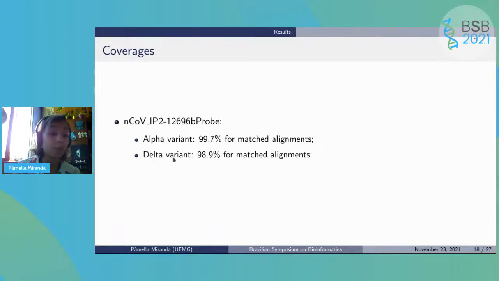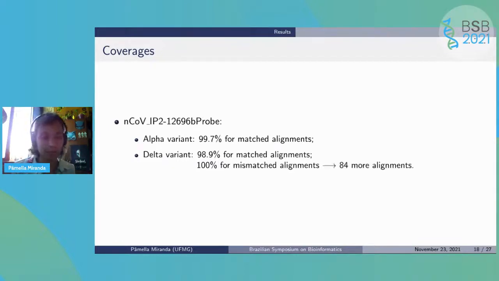Remember, for both genome sets it is about 7,000 genomes. Now, when we look at the mismatched alignments, the delta variant alignments increase to 100%. It is 84 more alignments, about 1% of all genomes of delta variants that we collected.